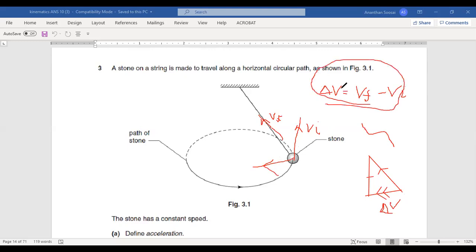Anything that moves with a constant speed, if direction changes, because direction is changing, there is a change in velocity. How do you change velocity? In your earlier studies, you change magnitude, you change velocity, right? 30 meter per second, suddenly you go to 40 meter per second, velocity changes. That's one way. Can you change velocity without changing the magnitude?